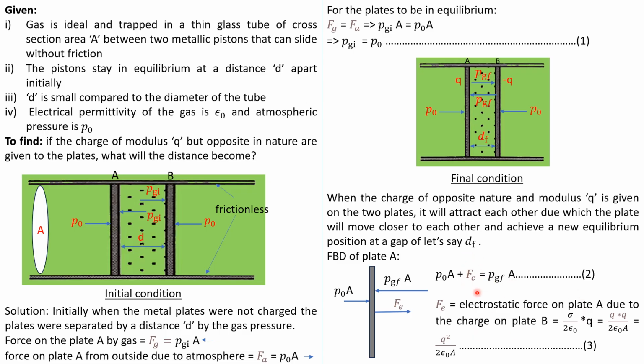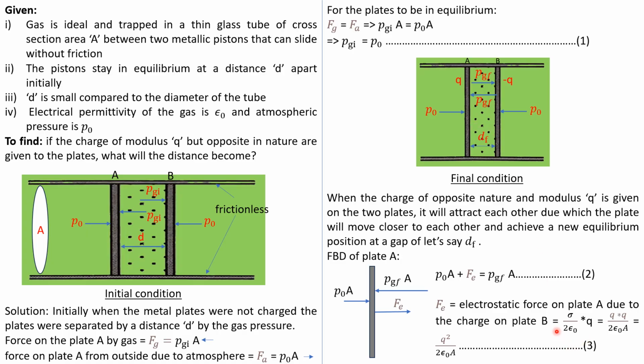Now let us calculate the electrostatic force. Because of this plate, the E field will be in this direction, and the value of that E field will be sigma by 2 epsilon naught, as we have studied already, because the distance is too small. So we can say that for that distance, this plate can be assumed as an infinite size plate. So sigma by 2 epsilon naught will be the electric field created by plate B with the charge minus Q, and that will be in this direction.